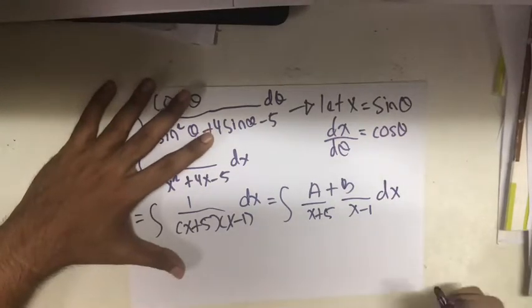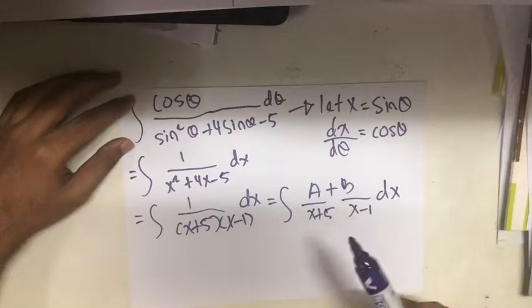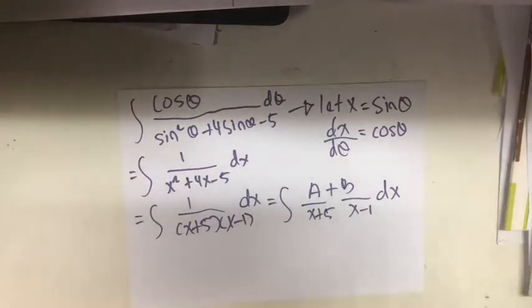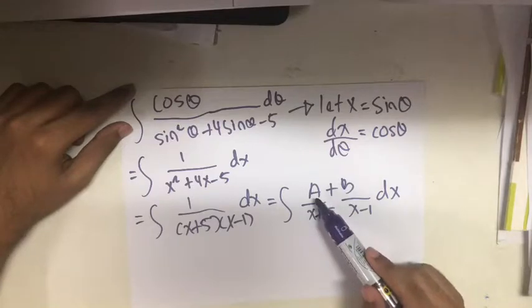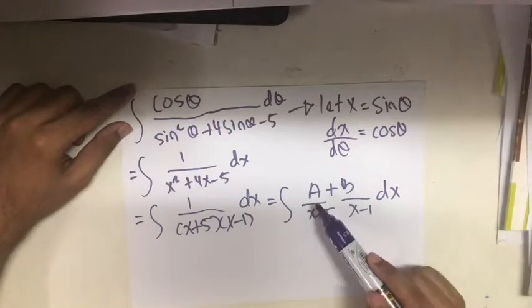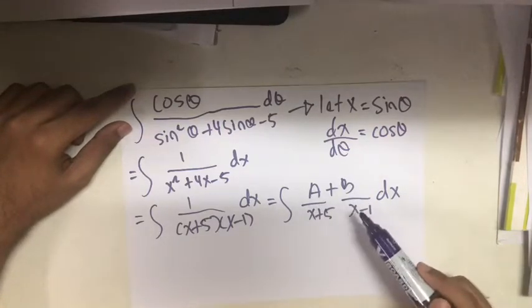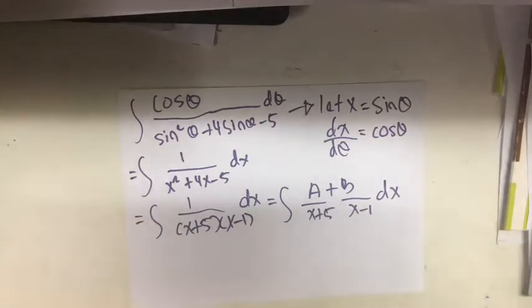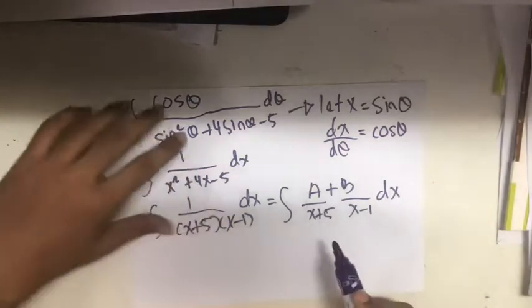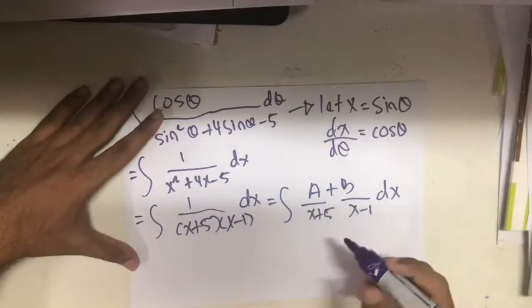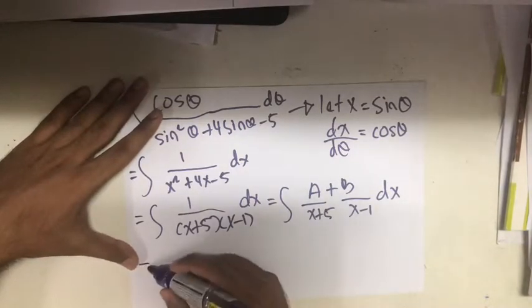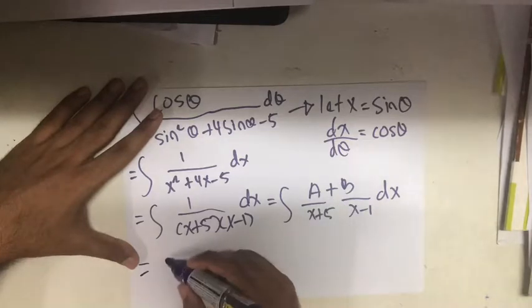But the problem right now, we need to solve for a and b first. So in order to solve for a and b, we need to multiply a and b with the other fraction's denominator, so that we have the same denominator for both of these fractions. So it's going to change from this one into here.